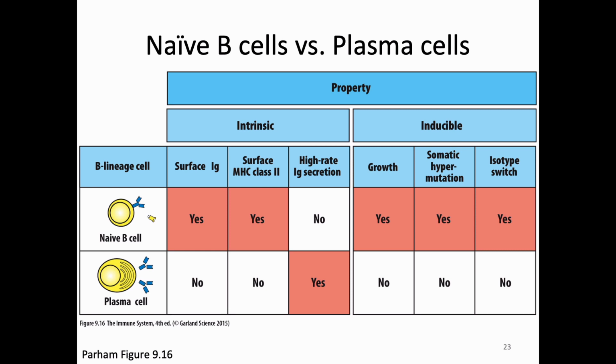So this information is what we knew about all of this when I finished undergrad. However, in the time since then, we actually learned, so we used to say, and then hypermutation happens, and then class switch happens.